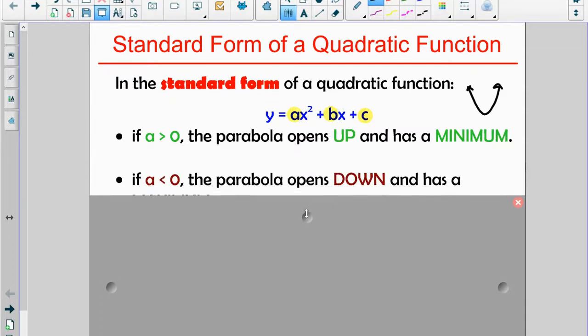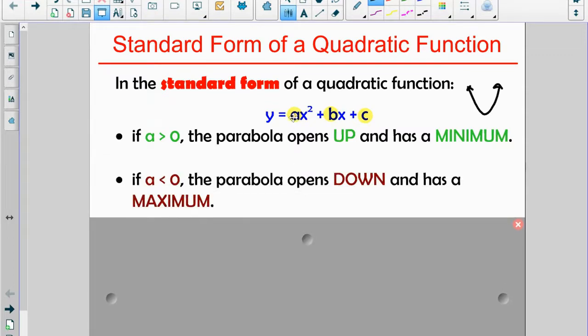Now, the opposite of that is also true. So if A, or the x squared term, happens to be negative, whether it's negative 2x squared or just negative x squared or negative 1/3 x squared, if that value for A is less than 0, meaning it's negative, then the parabola is going to open down.